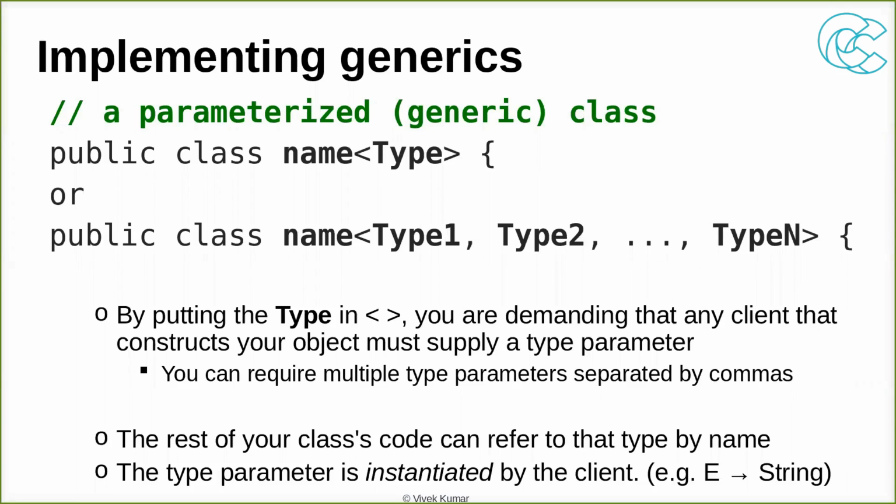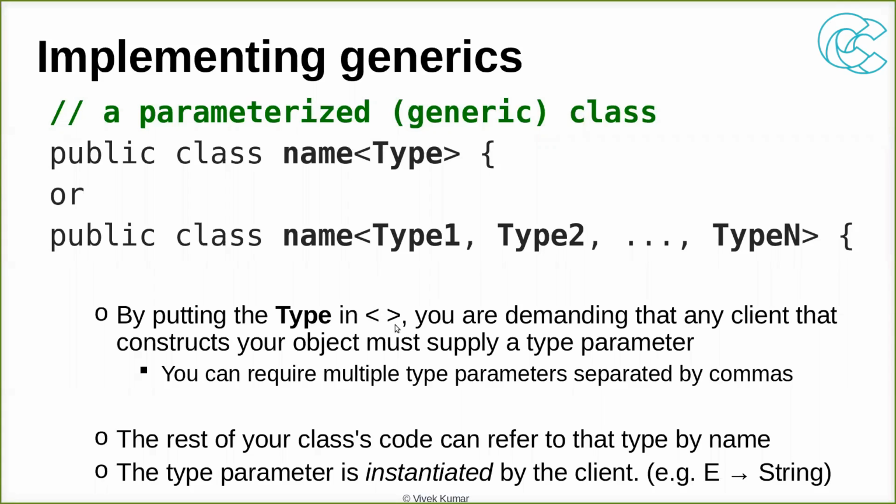So whenever some client wants to make use of this particular class, it can be, let's say, person or employee, you should specify the concrete type. Here it can be a generic type, so you just refer to it by, let's say, T or E or whatever, some placeholder. But when you are instantiating it, you need to specify the type.